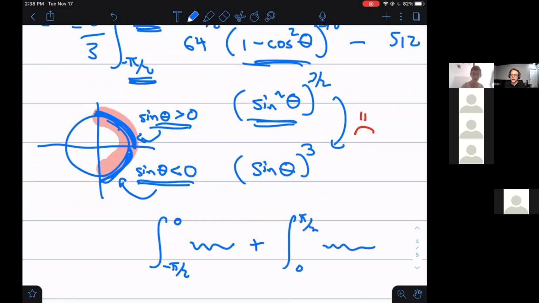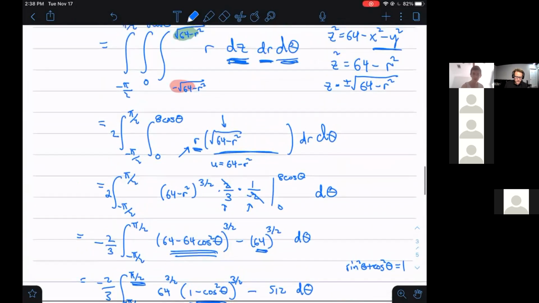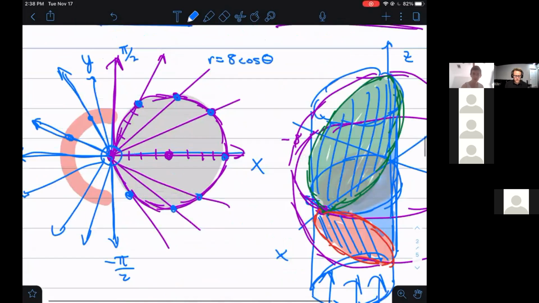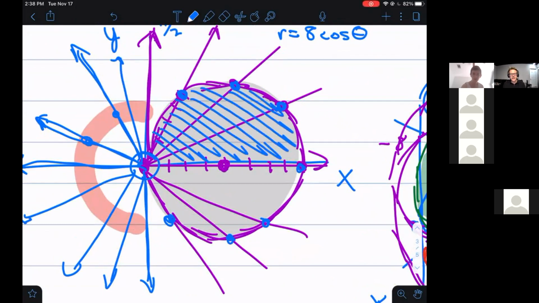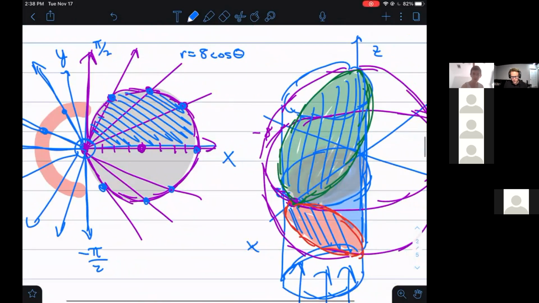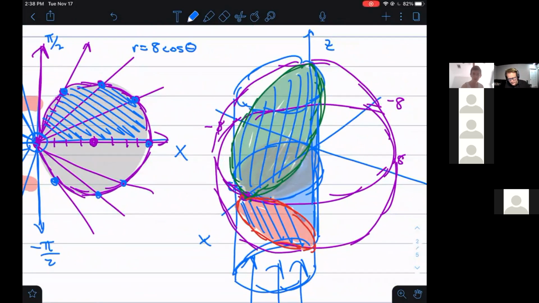I also mentioned on Piazza that there's a faster way to do this, being a little bit clever here, because you may notice that when you cut this in half, if you were to only consider from 0 to π/2, only this top half, or better yet, on the full picture over here, slicing this thing right down the middle like this, there's symmetry about the x-axis.